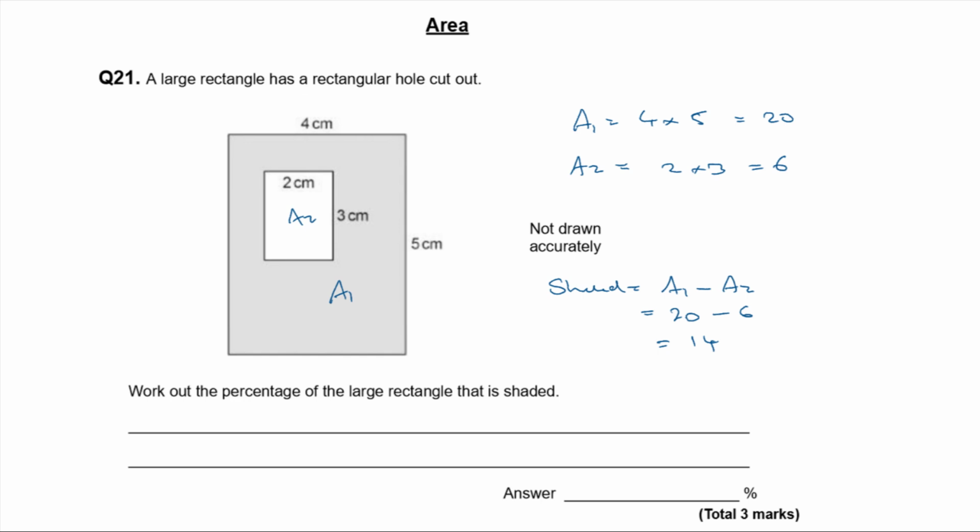And then the percentage is going to be the shaded area, which is 14, over the total area, which we knew was 20, rewritten as a percentage. So if you just do 14 divided by 20 times 100, it should tell you that that is 70%. So 70% is shaded.